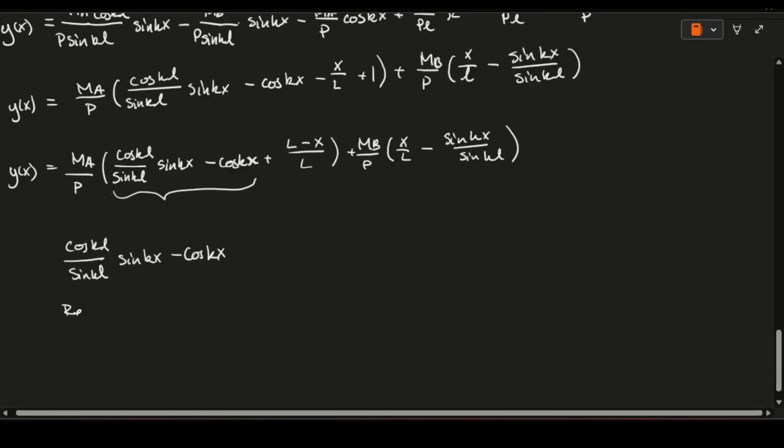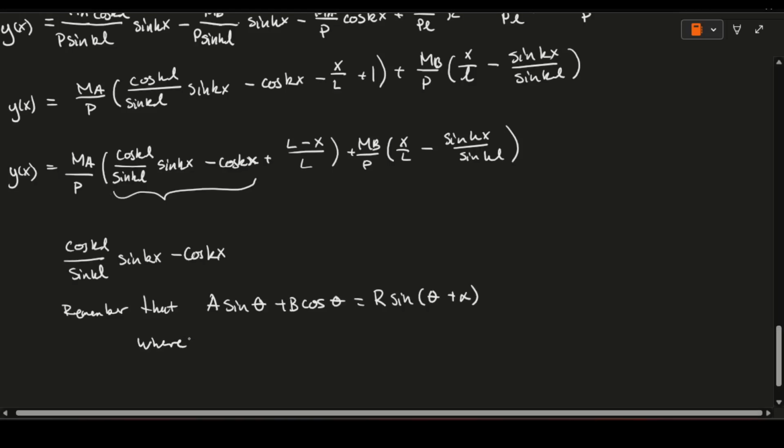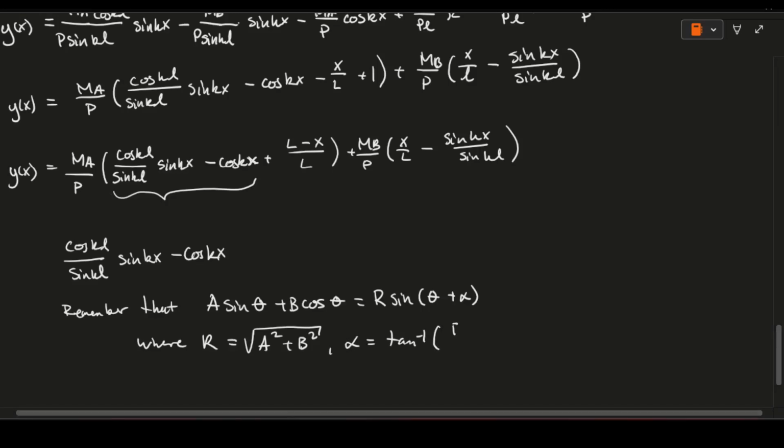So we need to remember that a sine of some angle theta plus b cosine of the same angle theta is equal to r sine of theta plus some alpha, where r is equal to the square root of a squared plus b squared, and alpha is equal to the tangent inverse of b over a.